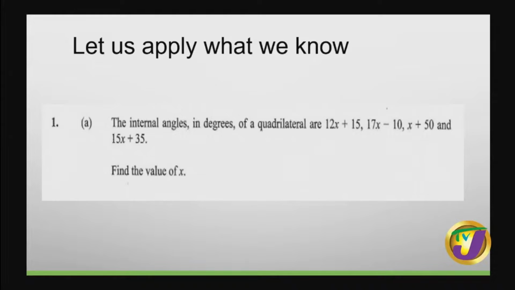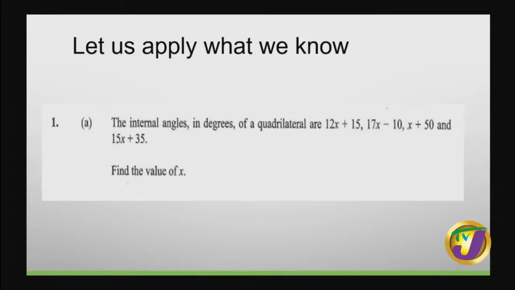So we have one angle is 17x subtract 10, another angle is 12x plus 15, and then we have x plus 50, and then the last angle is represented by the expression 15x plus 35. So they have used 4 different expressions.